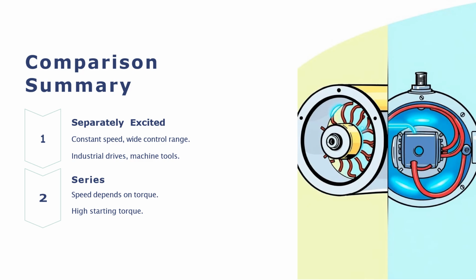Whereas in the DC series motor, speed is always dependent on the torque, so high starting torque, and this is used in locomotives and starter motors. The choice between these motors depends on the specific requirements of the application, particularly the need for speed control versus starting torque.